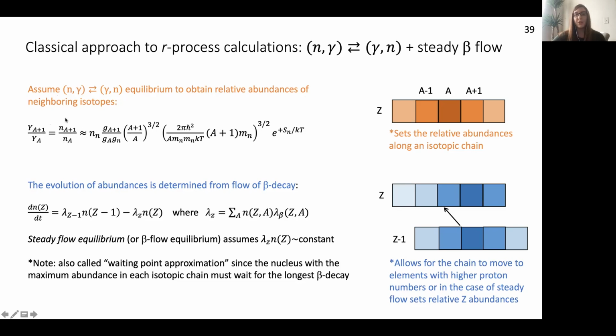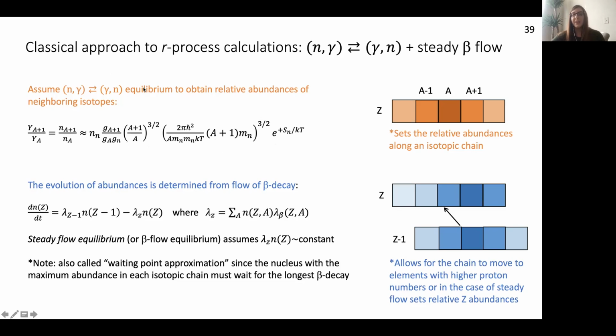Remember, you can relate your number densities back to abundances, and then you know the ratio of your number densities from a Saha equation, where I've put explicitly in some of these values for an (n,γ)⇌(γ,n) reaction. Okay, so I encourage you to work this out. Go from the Saha equation that I just had in the last slide and work through to obtain this equation.